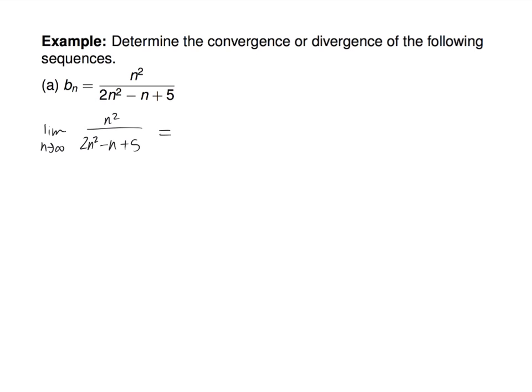Same. You divide everything by n squared. And that'd be 1 over 2 minus 1 over n plus 5 over n squared. Take it all to infinity, you end up with 1/2.